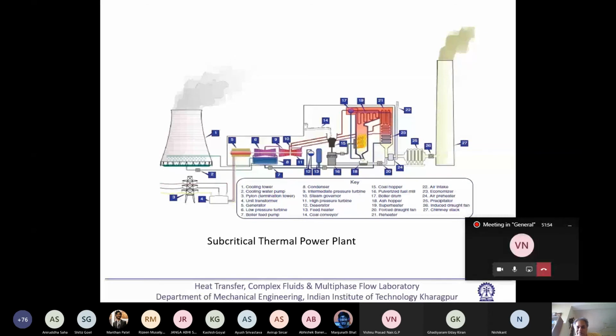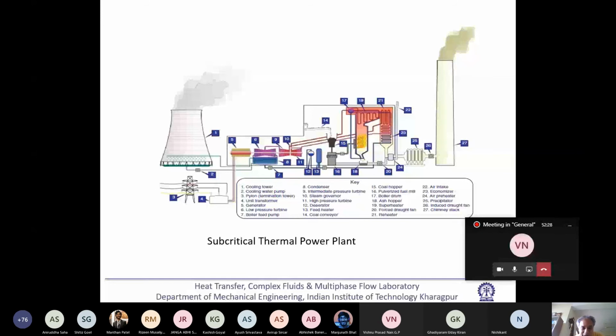If we go to the water circuit, we will find evaporation, or rather boiling, and condensation. So if you want to study any mode of heat transfer in power plant equipment, and if we go to the cooling tower, which I will discuss sometime, there you will find evaporative heat transfer. So all modes, or most of the modes of heat transfer, you will get in a power plant.